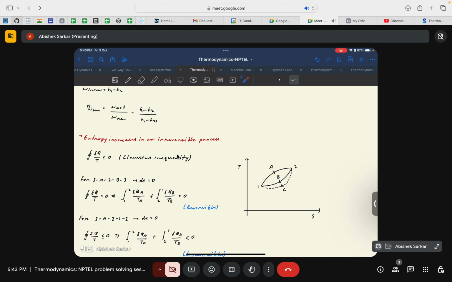There is a well-known equation for the first law, I will not say the only equation, but a very popular one: the net heat transfer is equal to the net work transfer plus the net change in the energy of the system. But for the second law, we started by defining two statements, the Clausius statement and the Kelvin-Planck statement.